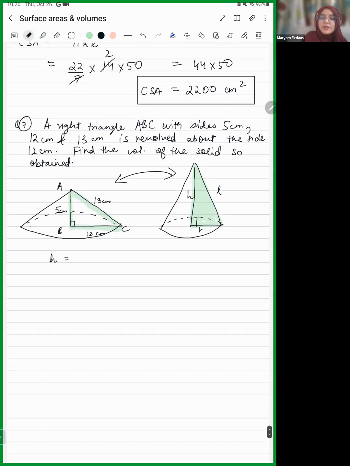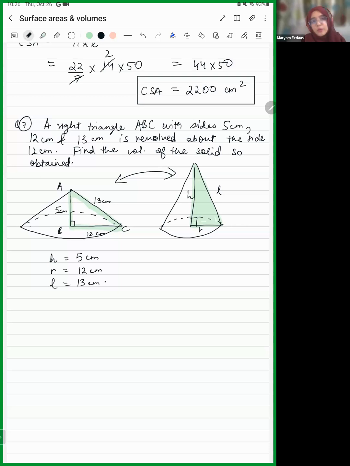What is the height? Height 5 cm. Very good. Height is 5 centimeters. Radius of the base is 12 centimeters. And L is how much? 13 centimeters. Very good.